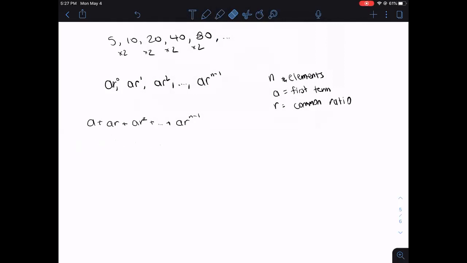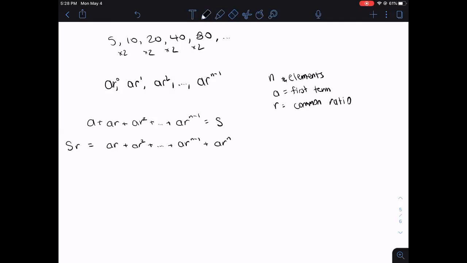Therefore, let's do an interesting trick. Let this be S. So what if we multiply S by R and we write it like this? AR plus AR squared, up to AR^(n minus 1) plus AR^n.